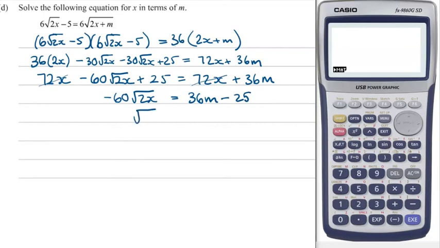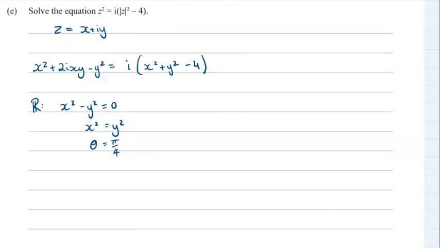So root 2x will be equal to 25 minus 36m because I've taken the negative into account from here. That negative, if I bring it over, we'll just switch those two over. 5 degrees because our x direction and y direction will be the same length.